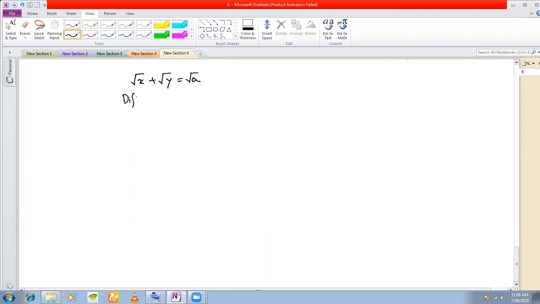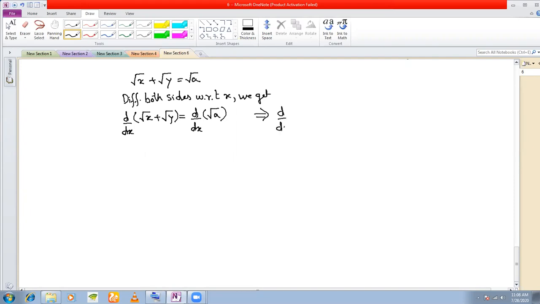First, let's write differentiating both sides with respect to x. d/dx of root x plus d/dx of root y is equal to d/dx of root a. Now you tell me the next step. So first we distribute the differentiation, and the right side will be 0.